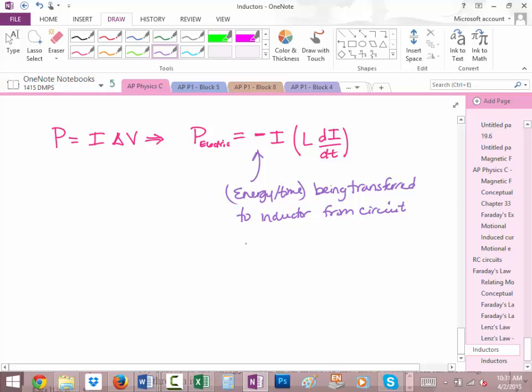And that energy is stored in the magnetic field that is established. When a current runs through an inductor, we know that a magnetic field is established. We've said that. It takes energy to do that, and that energy is stored in the magnetic field. We can then quantify how much energy is actually stored.